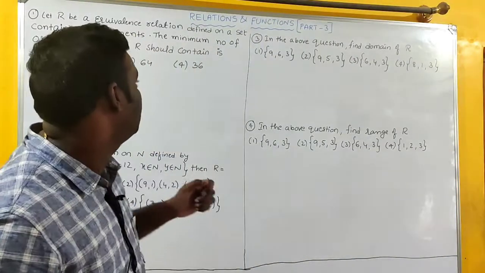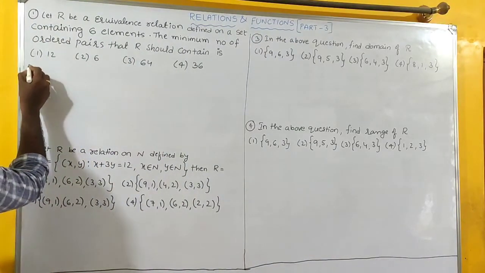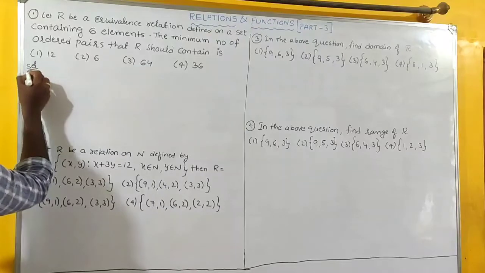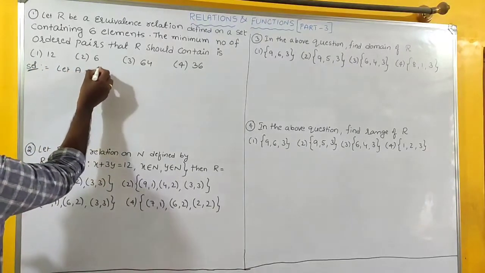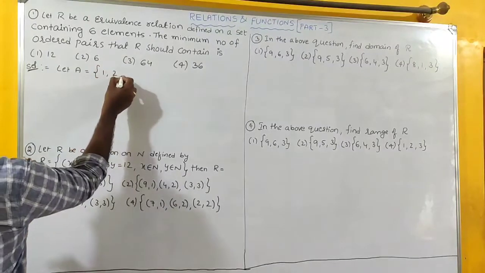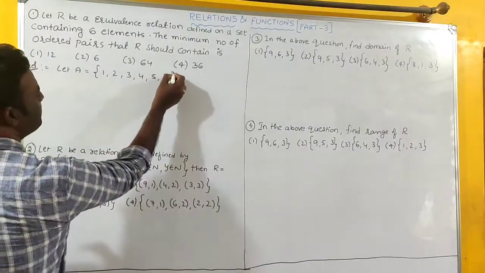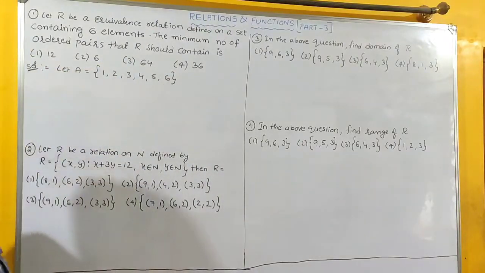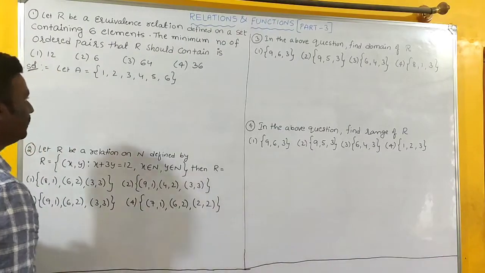Here one more thing: the set contains 6 elements. Listen, solution. I am taking A equals {1, 2, 3, 4, 5, 6}, because the set contains 6 elements.